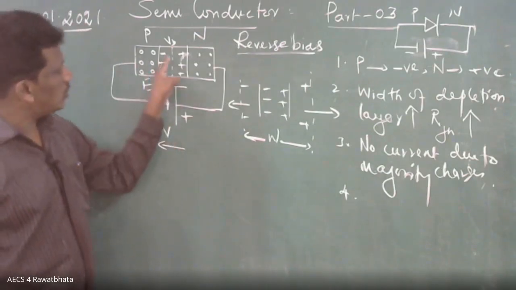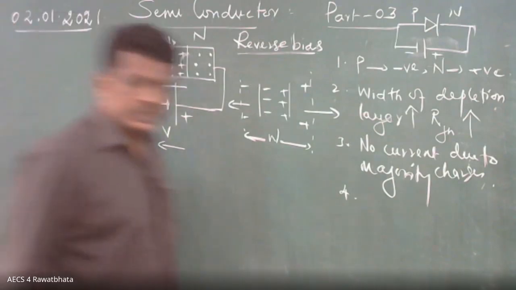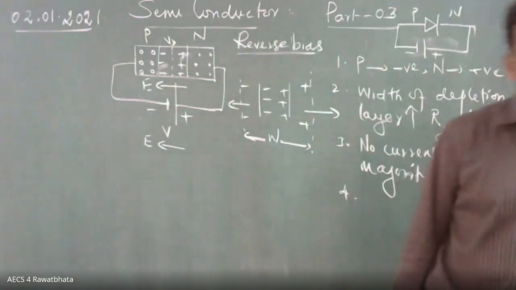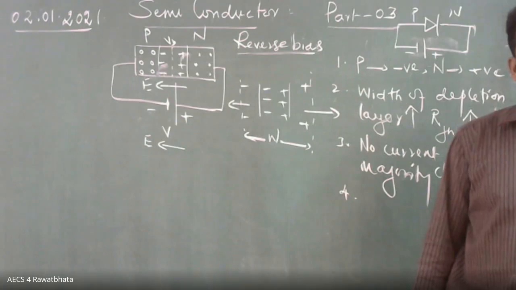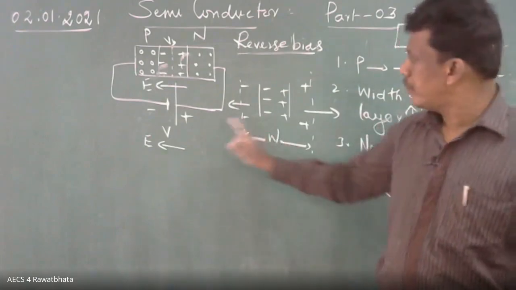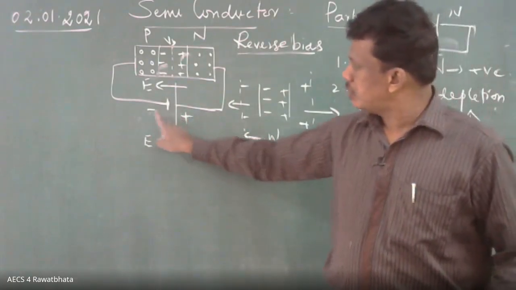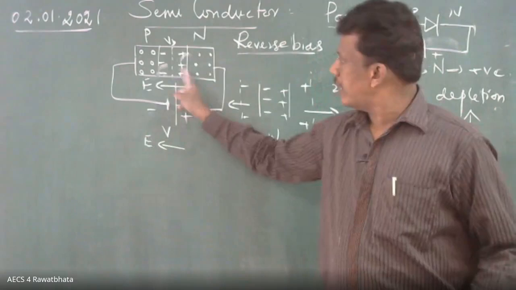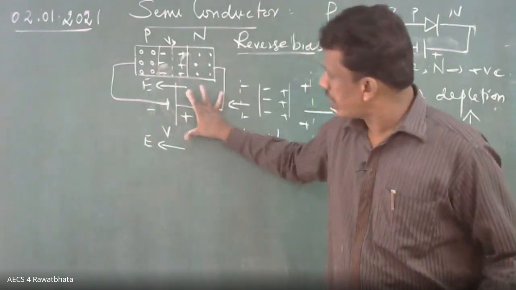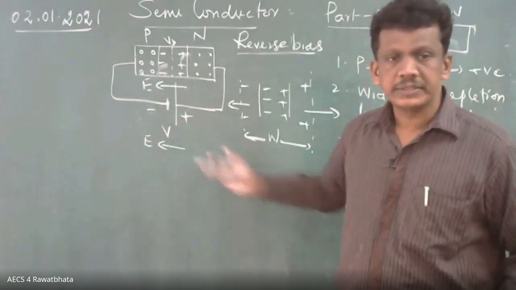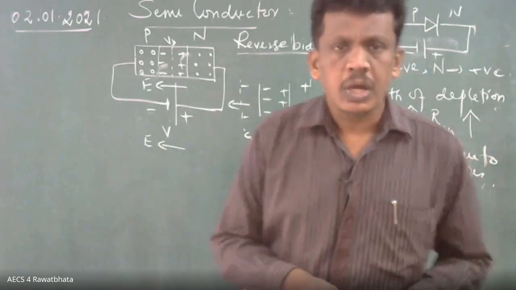Due to battery and due to potential barrier, same direction, opposite direction. Plus to minus, so this side, plus minus this side. How both are acting? See the direction. How they are acting?